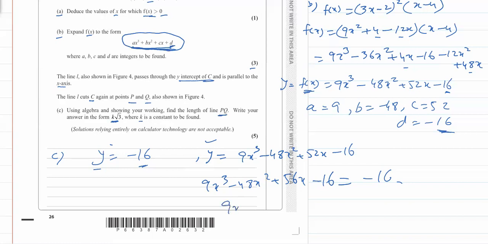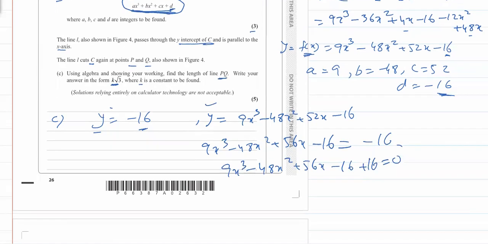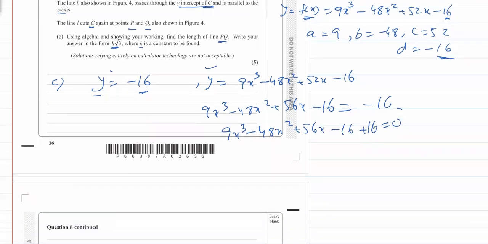That will become 9x cube minus 48x square plus 52x minus 16 plus 16 equals 0. So from here we will have 9x cube minus 48x square plus 52x equals 0. This is our equation now.